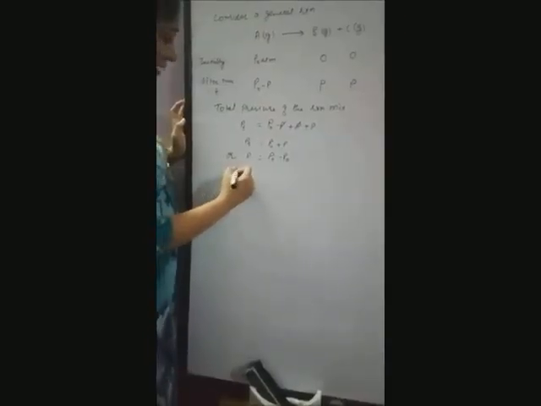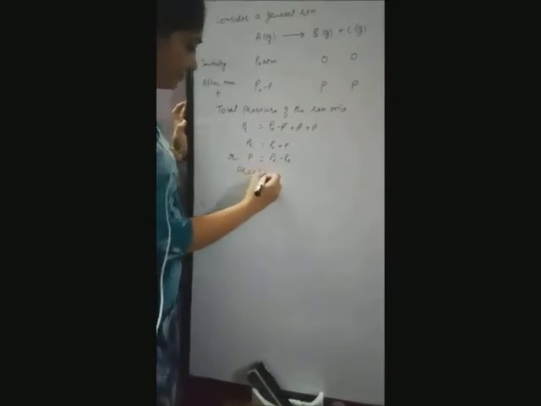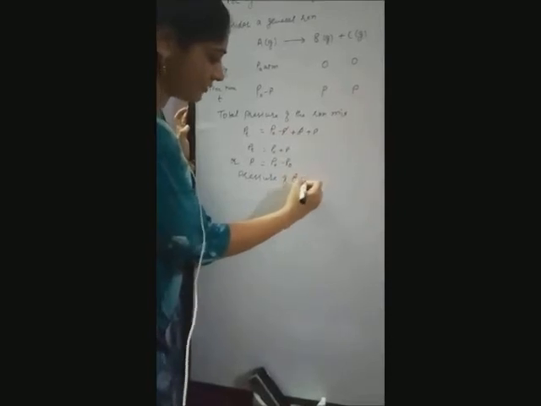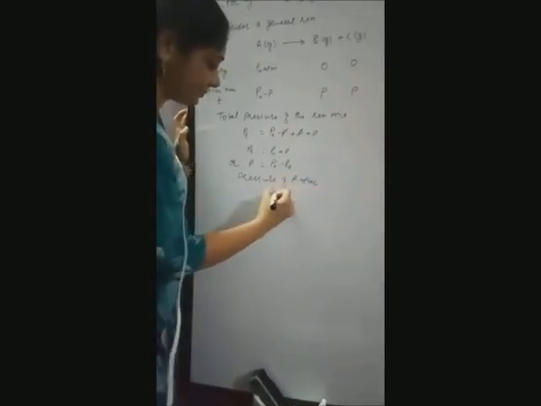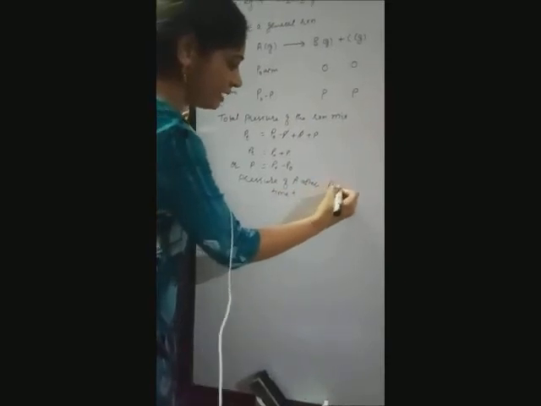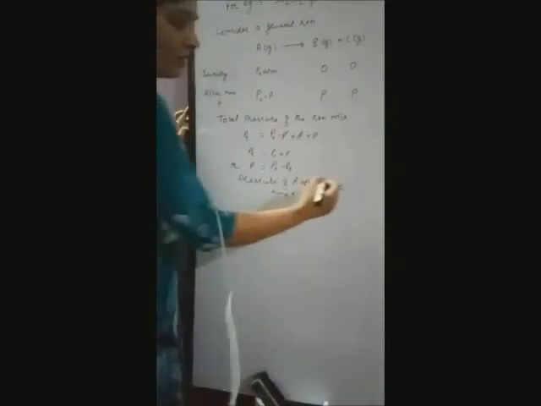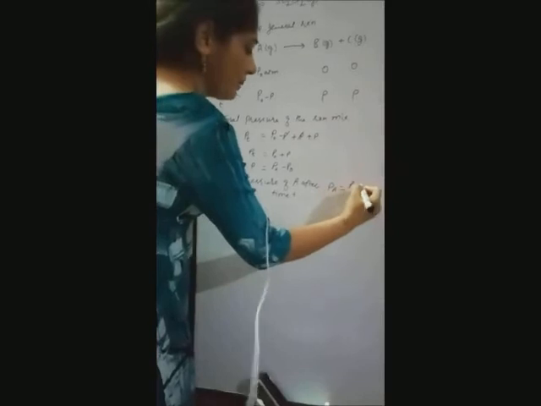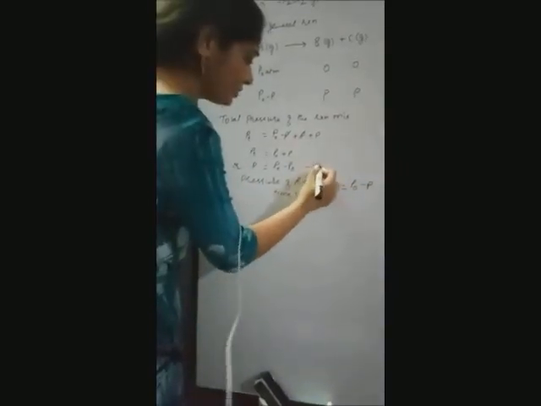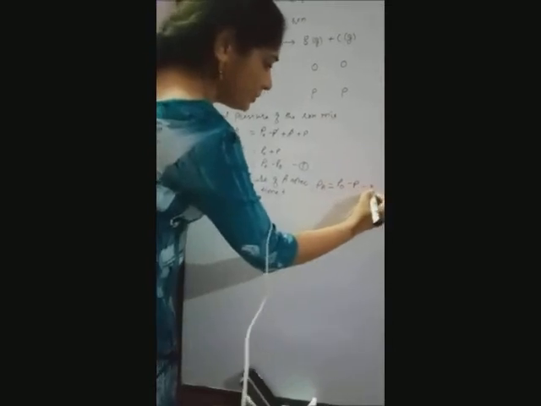Therefore, pressure of A after time T, that is PA, is equal to P naught minus P. This is equation number 1 and this is equation number 2.